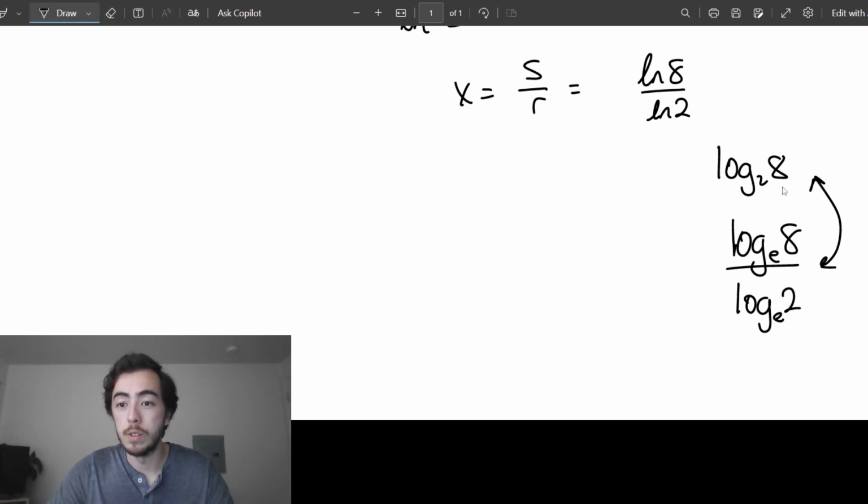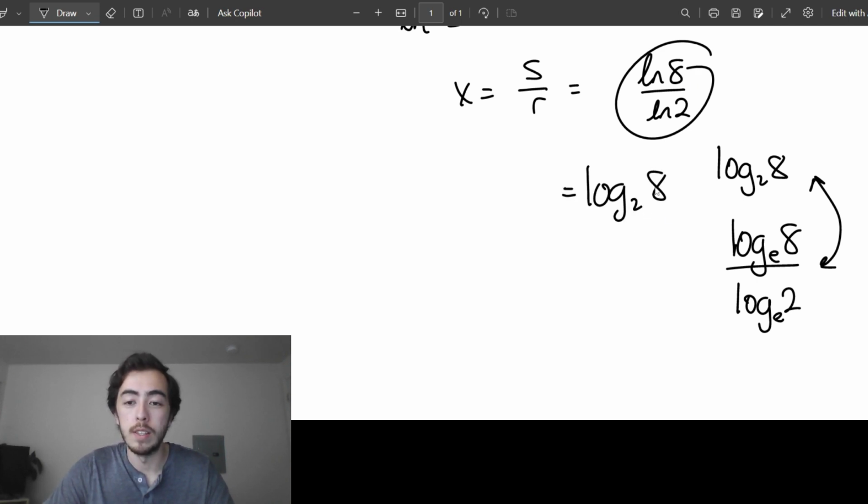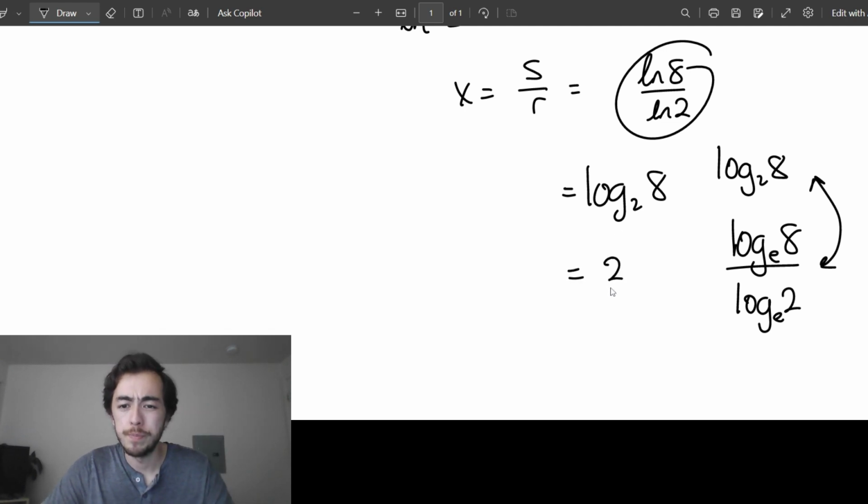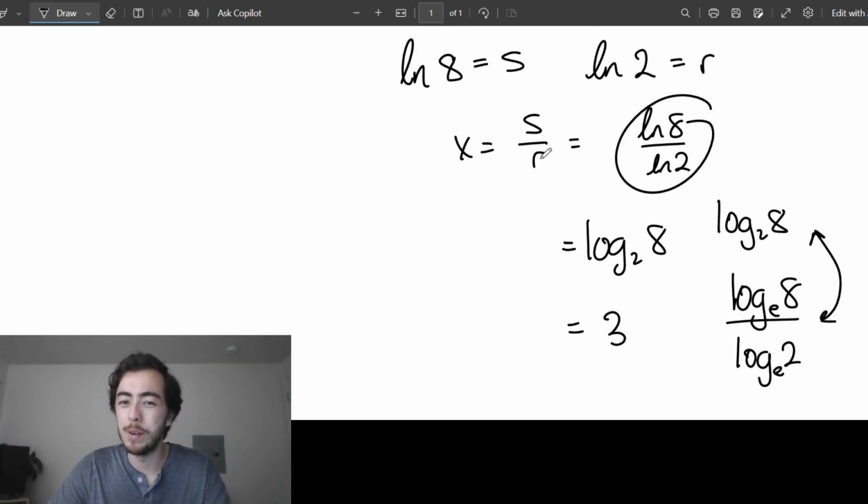So I could also think of this expression as equal to log base 2 of 8. And this asks how many 2's do I need to multiply to get to the number 8, and we just need 3, right? 2 times 2 is 4, times another 2 is 8. So s over r, the larger number over the smaller number, is 3 today.